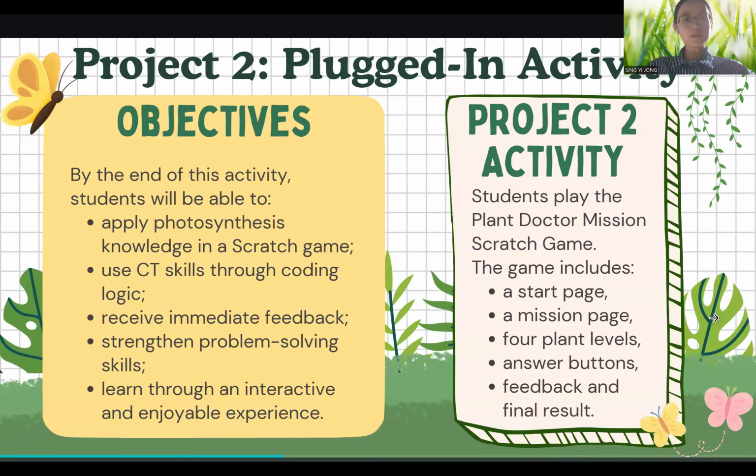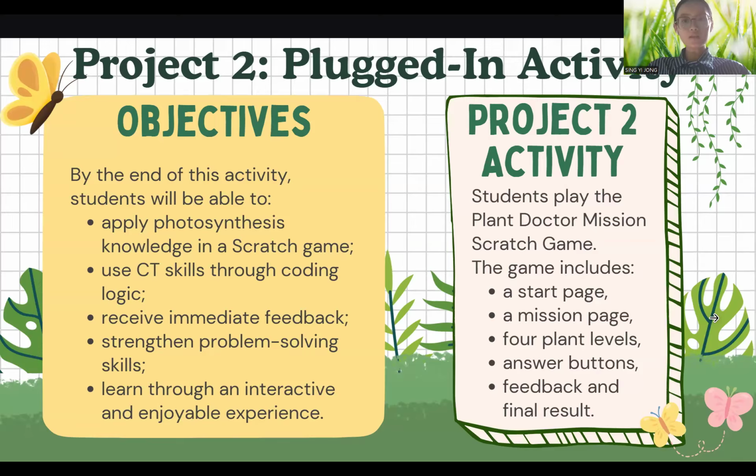Once students have built this foundation, they can move on to Project 2, the plugged activity. By the end of this activity, students should be able to apply their photosynthesis knowledge inside a Scratch game, use computational thinking through coding logic, receive immediate feedback on their answers, strengthen their problem-solving skills, and enjoy an interactive learning experience.